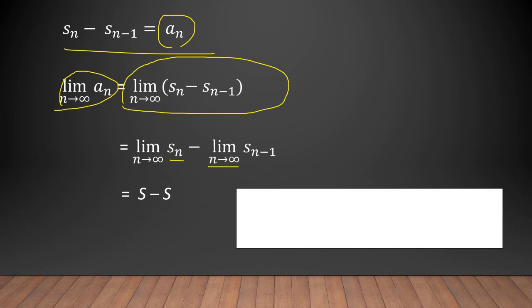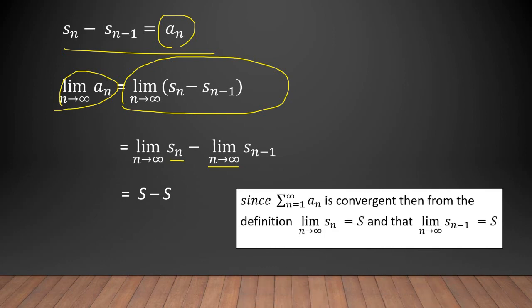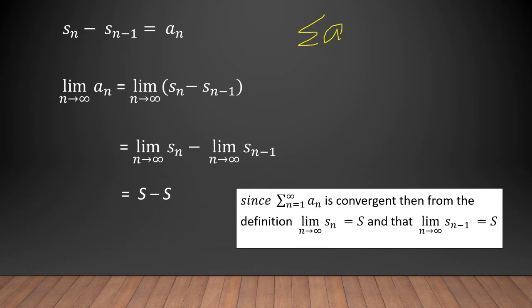Now, based on the assumption that we have earlier, we assume that the sum of the series is S. And from the previous video, we have learned that the sum of the series is the same as the limit of Sn as n approaches positive infinity.